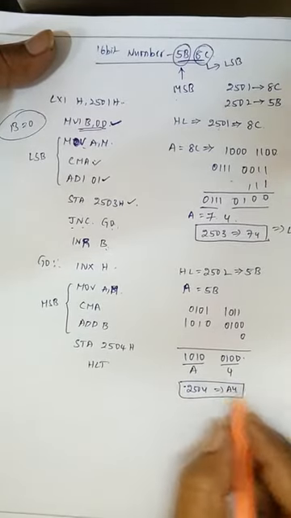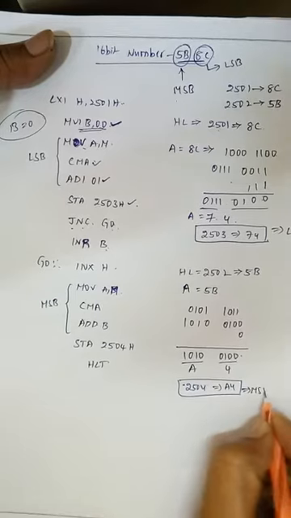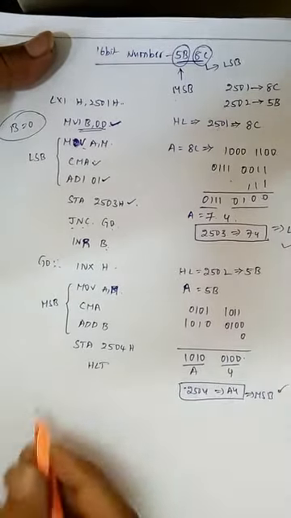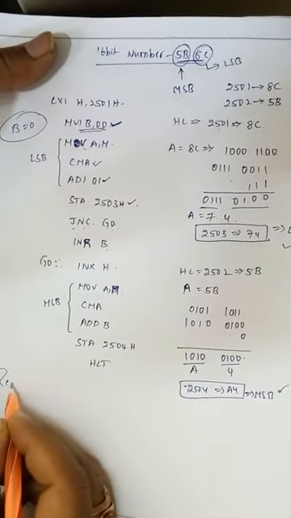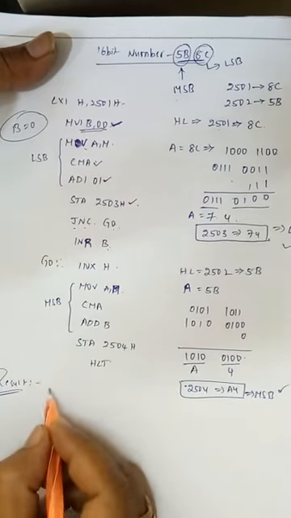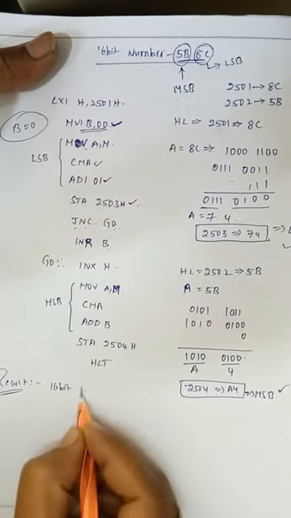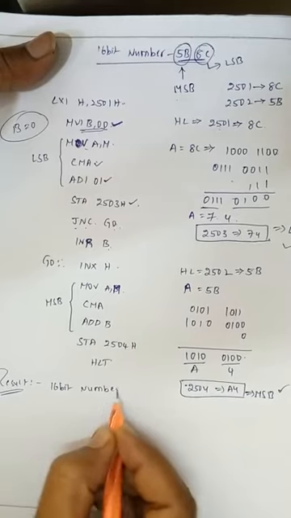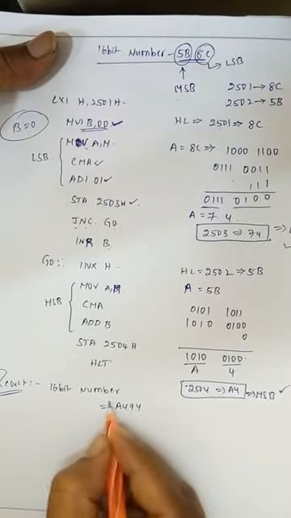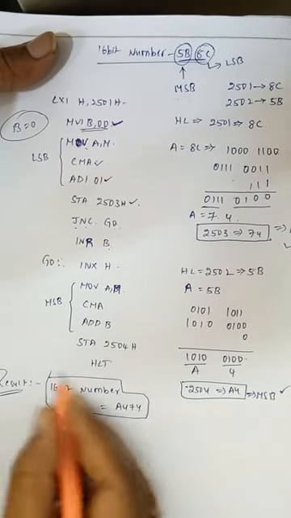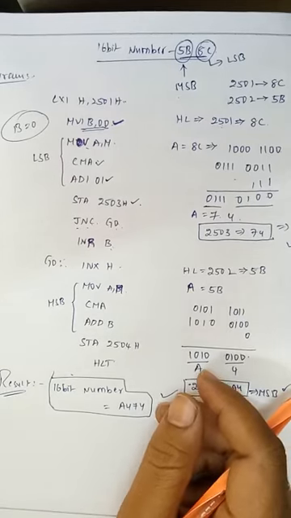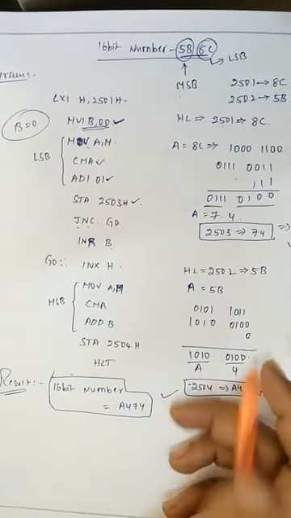This will represent the MSB part. So by combining the MSB and LSB parts, finally we can write the result, the 16-bit number, is equal to A474. Thanks for watching. This is the way of converting 2's complement of a 16-bit number.